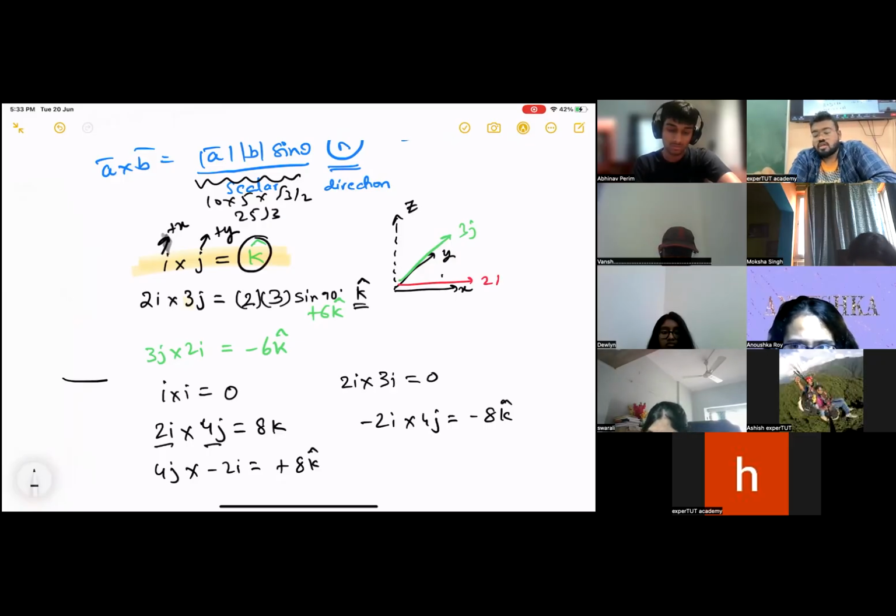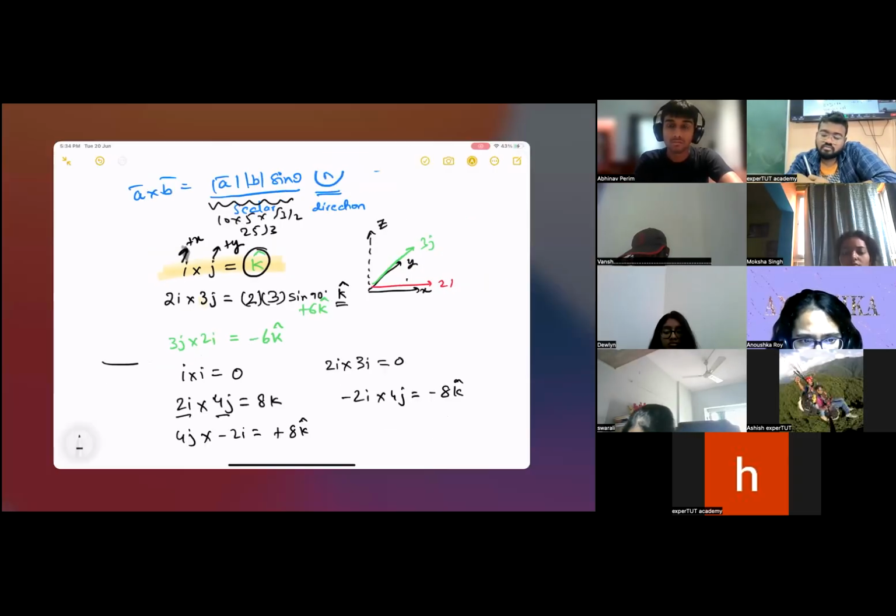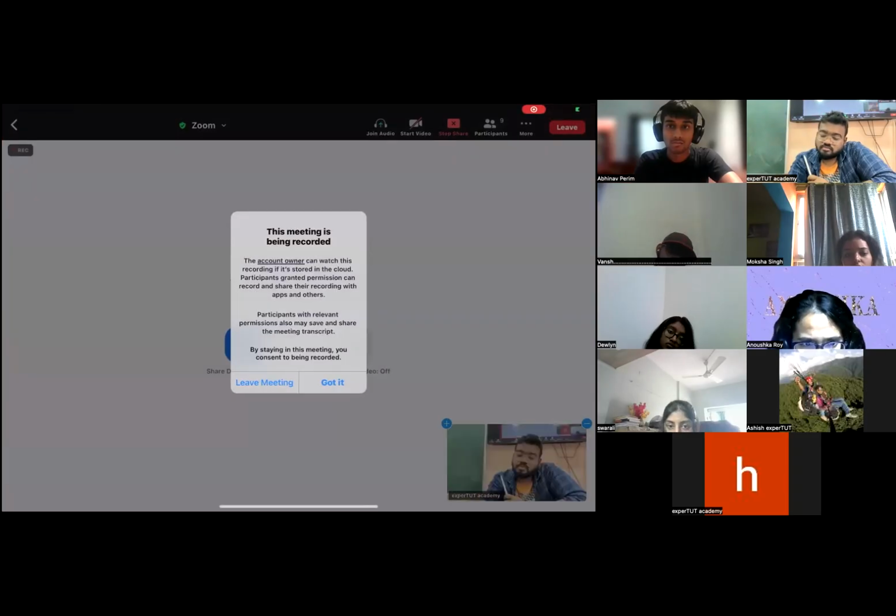And how do you find whether it's plus k or minus k? You use the hand thing, okay? You understand the hand thing? No. Disable your background and then show me your right hand, and then take 2-3 pens.